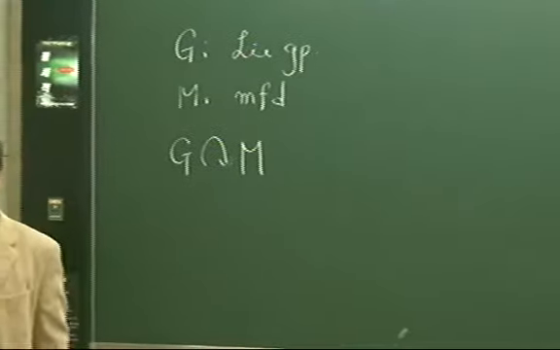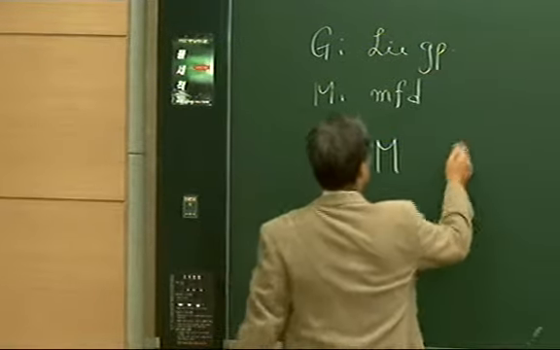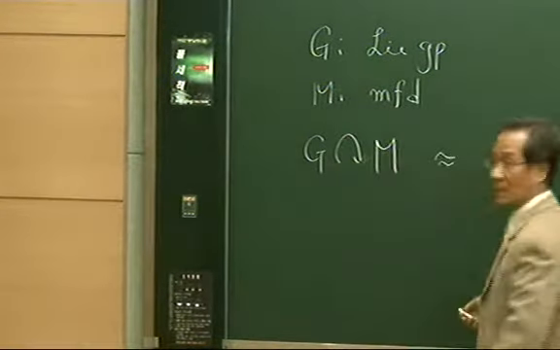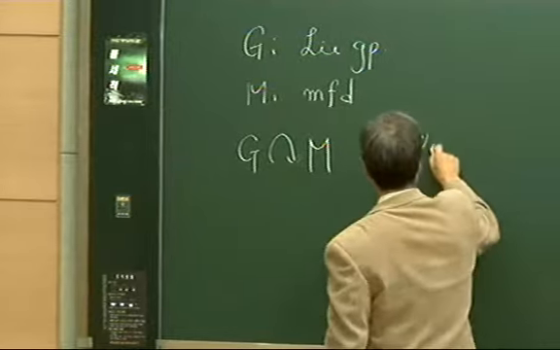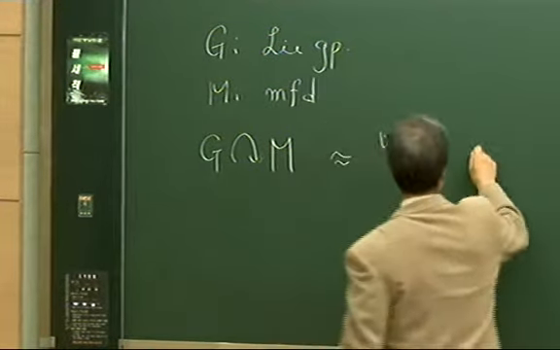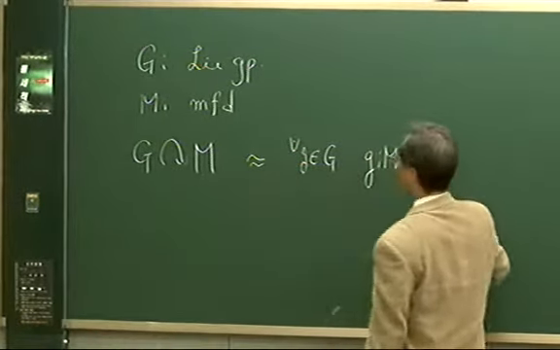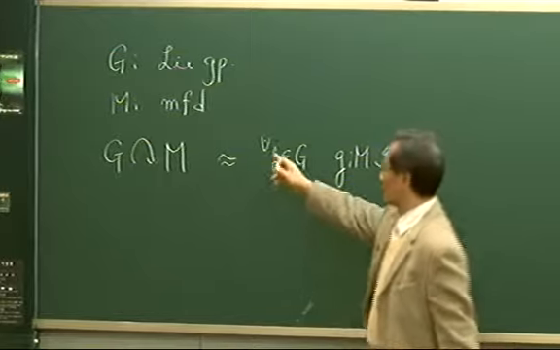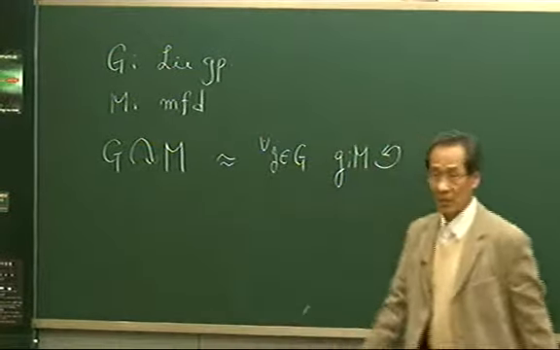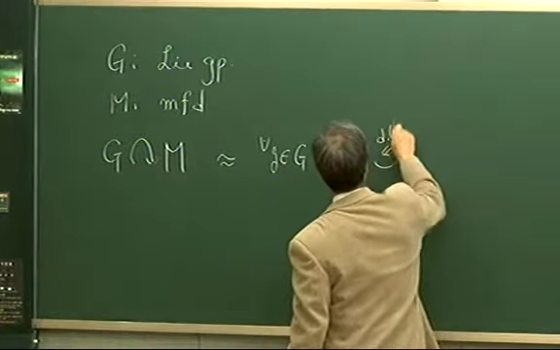I'm not going to write down the definitions, but this means that every element in G you may consider a diffeomorphism, or if this is a topological manifold, then a homeomorphism, but you may consider it a diffeomorphism.